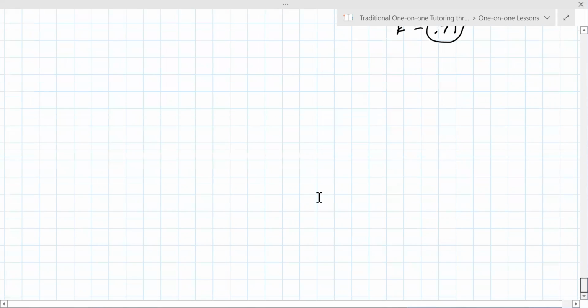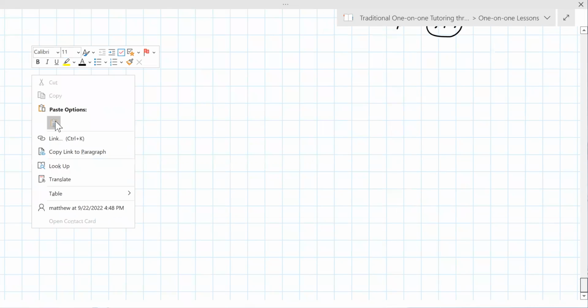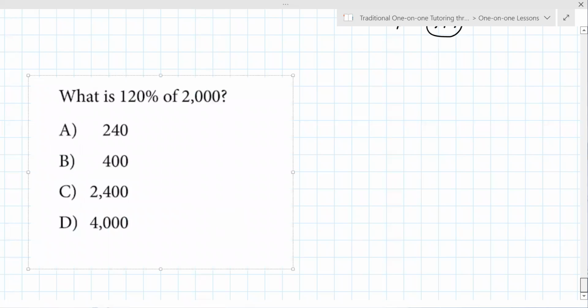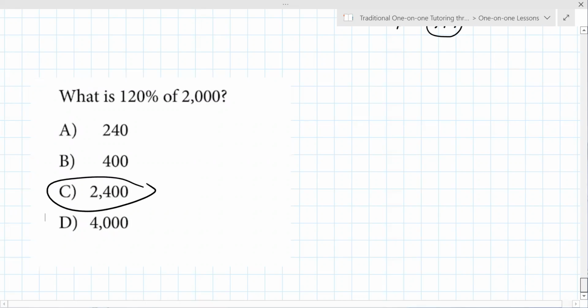We may have already done this one, but there are some short ones here just to close out some percentages. Could you try this one for me, please? C. Yes. Okay, we've got to go find something else.